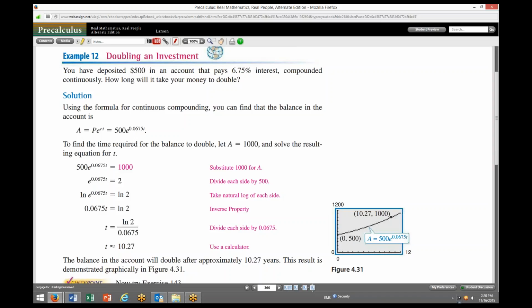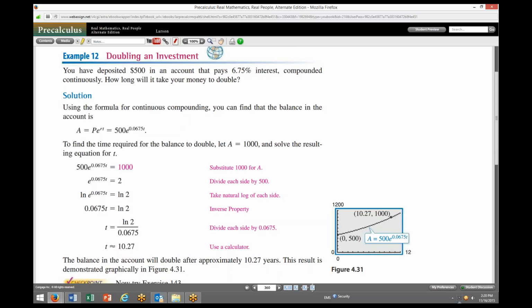Well, let's figure out how to solve this. Notice it says compounded continuously. That means of the two compound interest formulas of that previous section, we're going to use the one that has e in it.